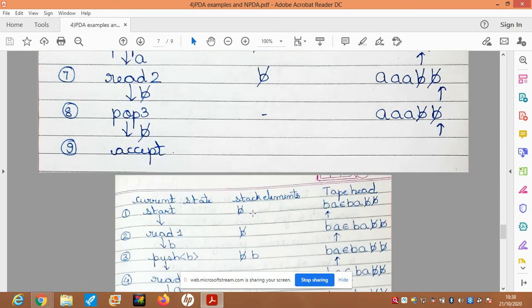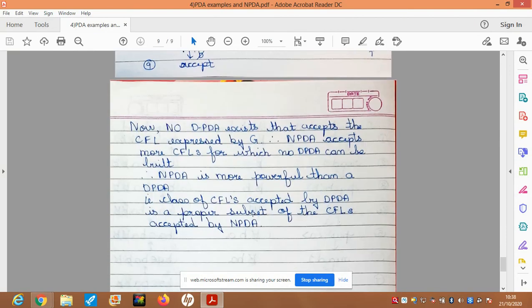So for every non-deterministic pushdown automata, there may not be an equivalent deterministic one. Therefore, our conclusion is that a non-deterministic pushdown automata is more powerful than a deterministic one.